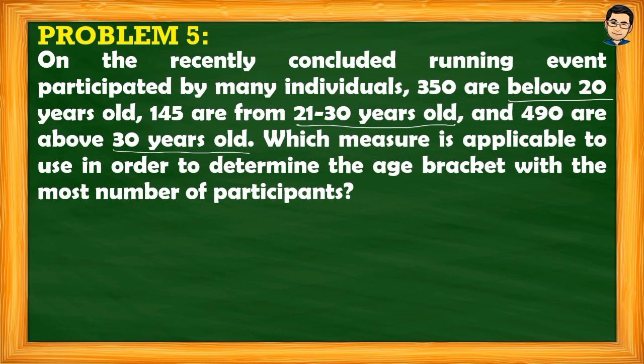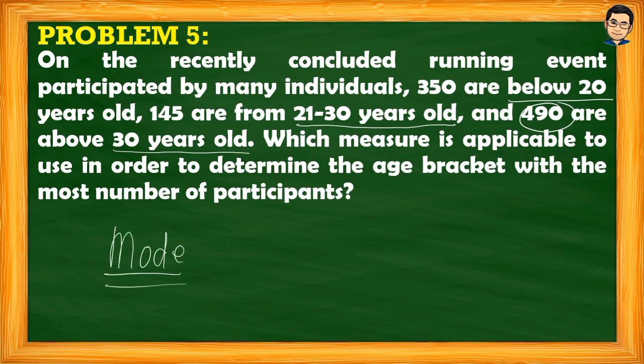Okay, so tinitingnan natin alin sa mga group of individuals dito yung may pinaka marami ang naging participants. So basically, yung above 30 years old, yung may pinakamaraming participant, most number of participants, which is 490. So, ano yung applicable na statistical measure na gamitin dito? The answer is mode.